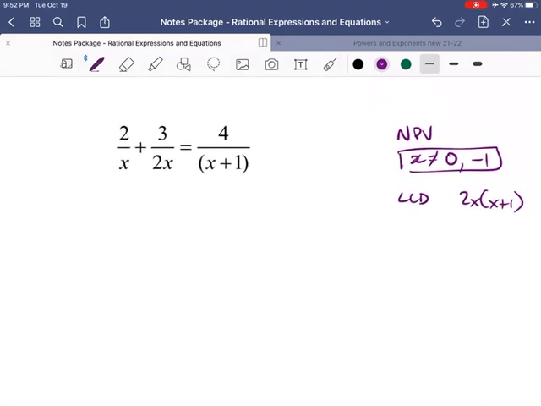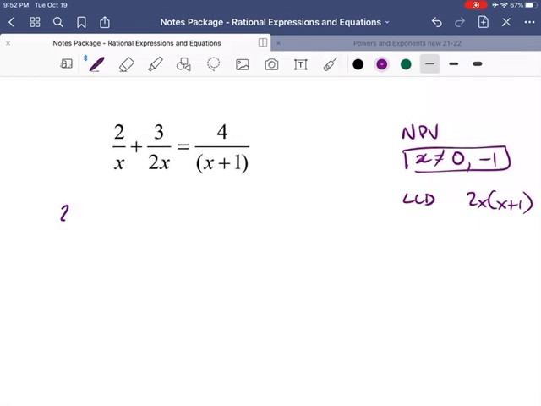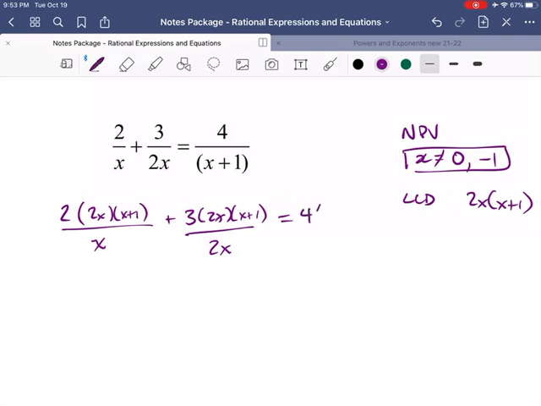So let's go ahead and multiply all this stuff here. You end up with 2 multiplied by 2x and x plus 1 over top of x, plus 3 multiplied by 2x and x plus 1 over 2x, is equal to 4 multiplied by 2x and x plus 1 over x plus 1.